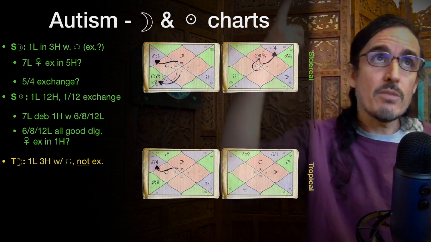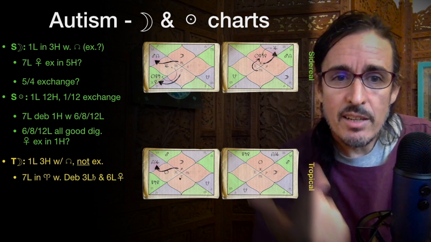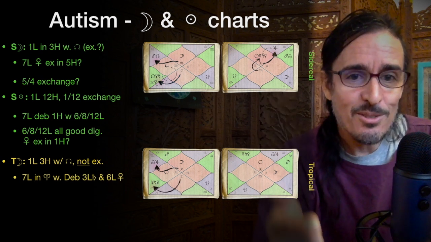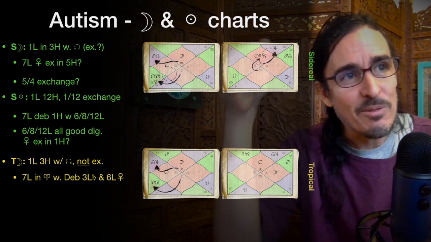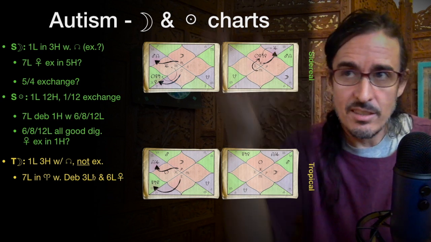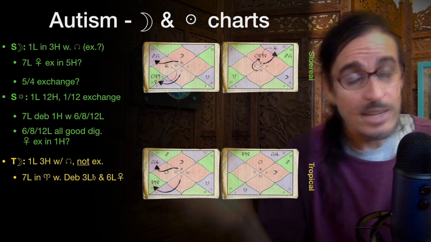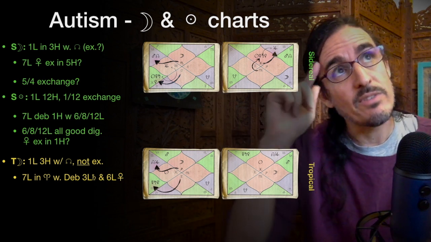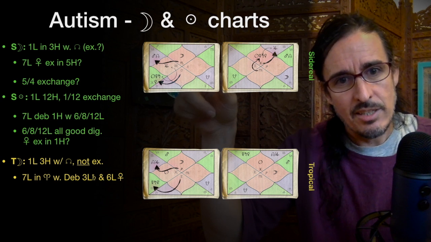In the sidereal chart, we had the 7th lord exalted in the 5th house. In the tropical chart, we have the 7th lord in the 5th house again. So we get that stuff about intelligence. But the ability for the intellect to exchange is the 7th lord in the 5th house, or the 5th and the 7th. Even more so the 7th and the 5th, because the 5th and the 7th tends to get lost and drift.